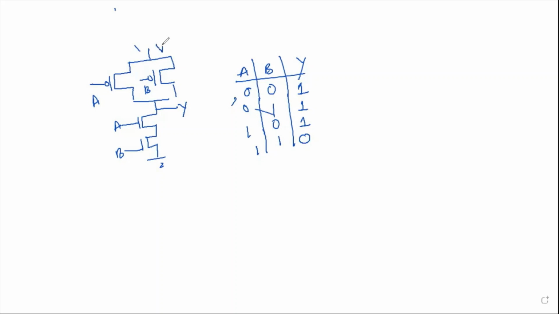This means that when both the inputs are connected to 1, A is 1 and B is 1, then the output is 0. That means this path is complete to 0. This path is complete only for both.